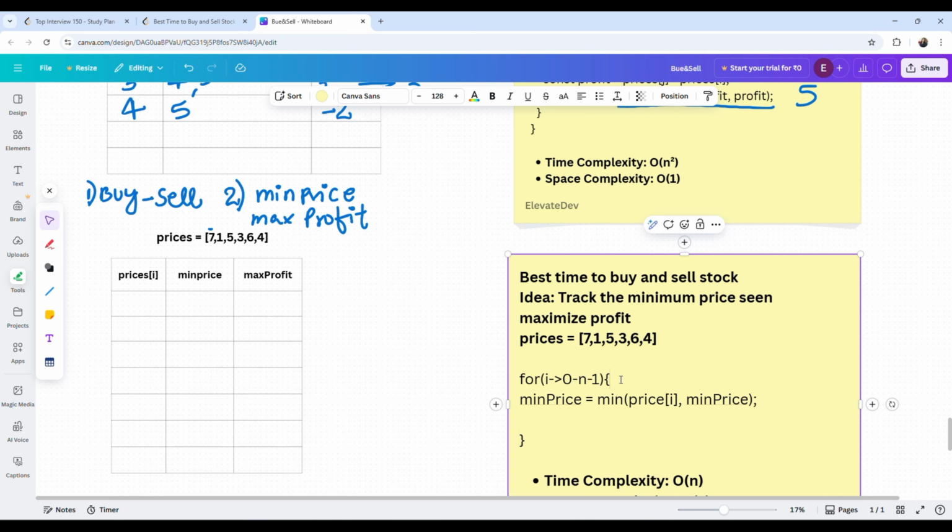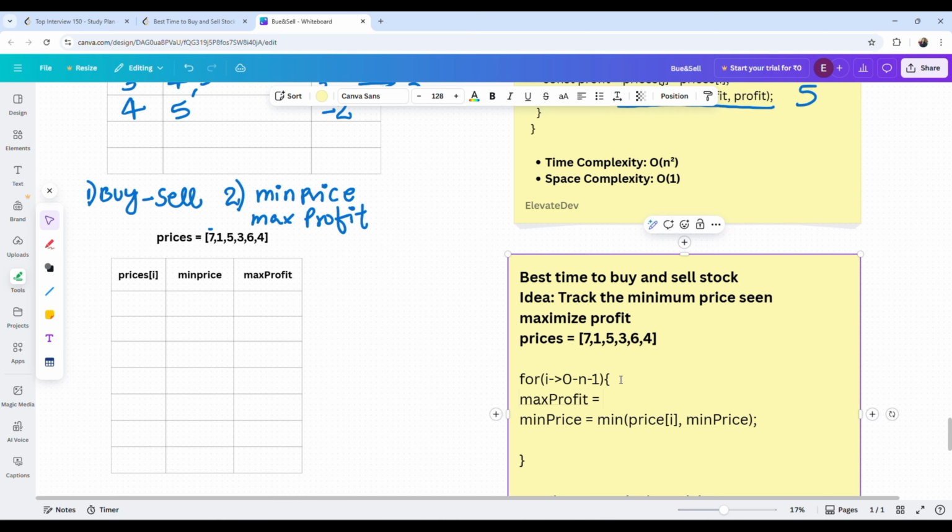And then obviously we have to first compare whether the price that I have right now is going to give me any profit. So the maximum profit that I have made so far, maybe there would be XYZ profit I have made so far.